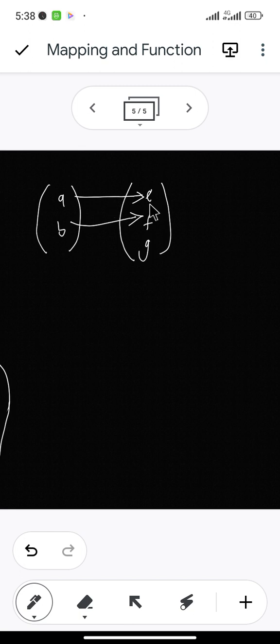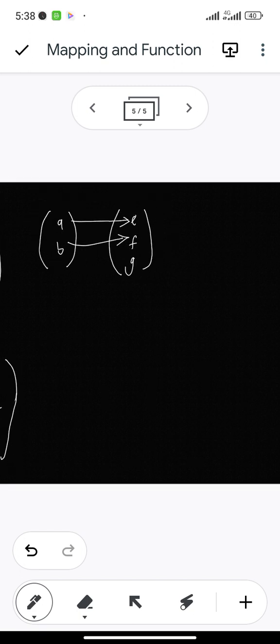You understand? This is not onto. But this is one-to-one. Understand? This is one-to-one, but this is not onto. It's one-to-one because, as we said, no two different elements in the domain have the same image. Understand? They have different images individually.